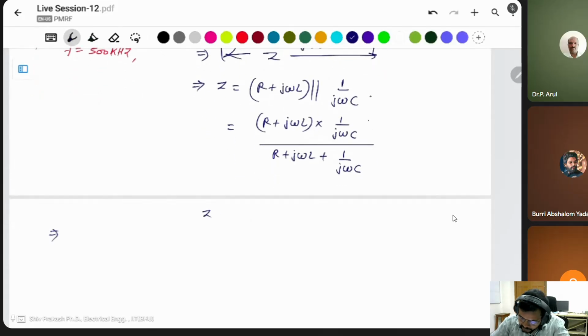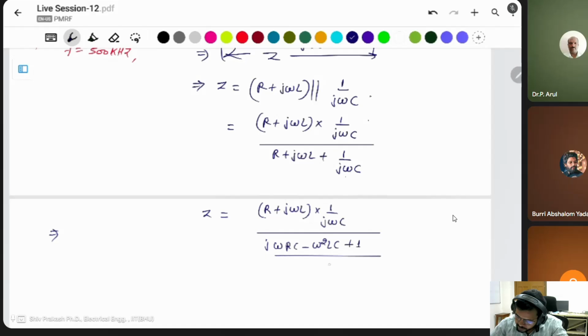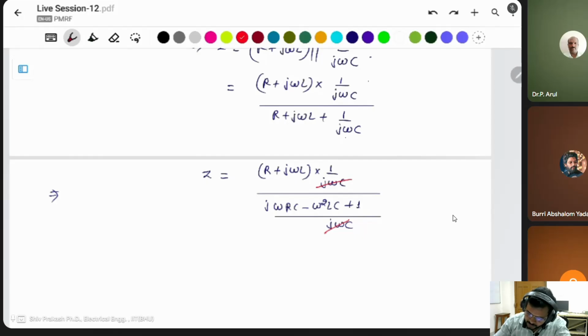Take the LCM in this case. This will be R plus j omega L into 1 upon j omega C, divided by, taking the LCM, j omega RC, and j squared is minus 1, so this will be negative omega square LC, plus 1, divided by j omega C. Omega C cancels out.